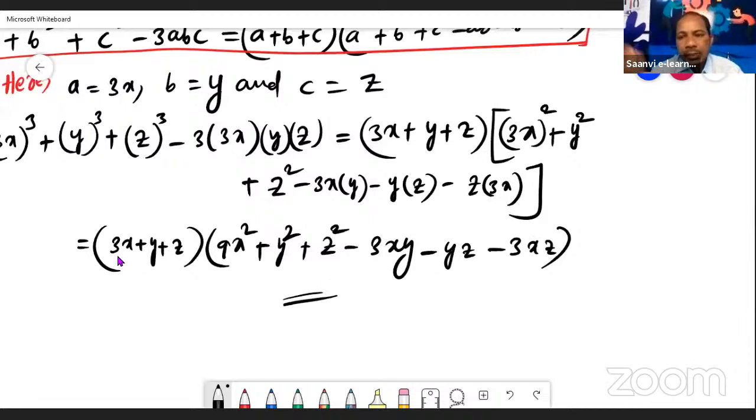Okay. So this is the factorization. Okay, children, this is the factorization.